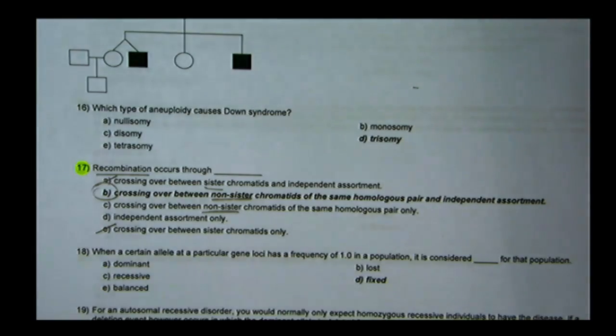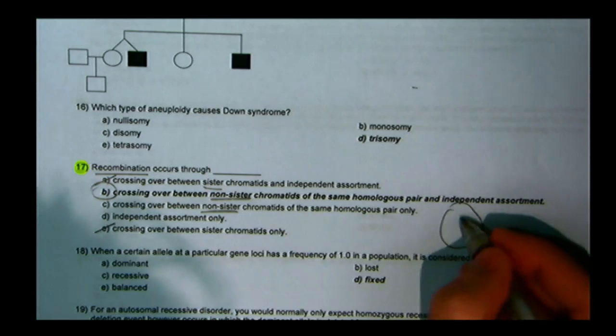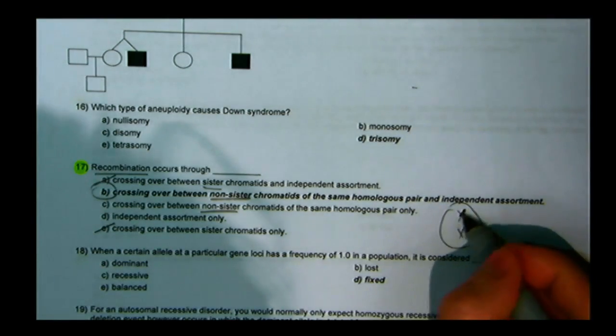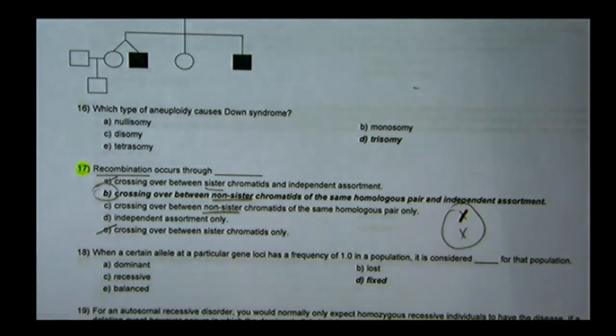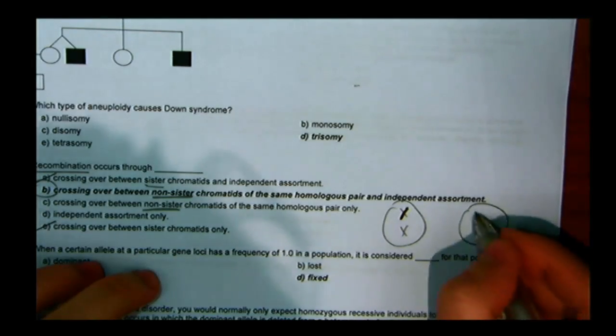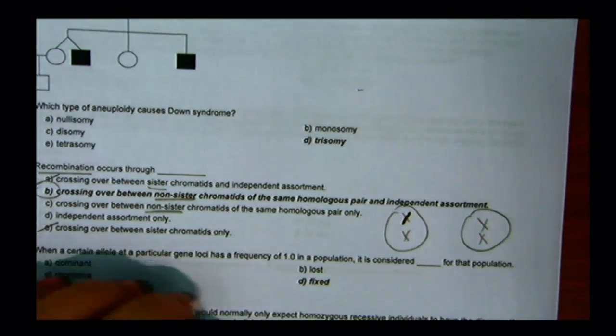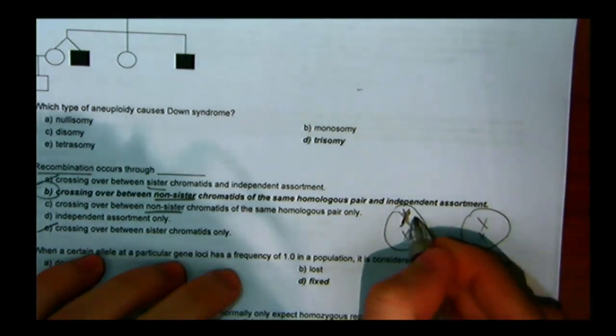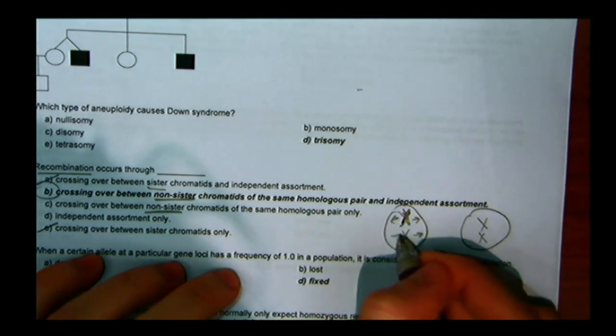If we have an allele that's different on this side, and then the next time it divides, this allele is going to the right this time.